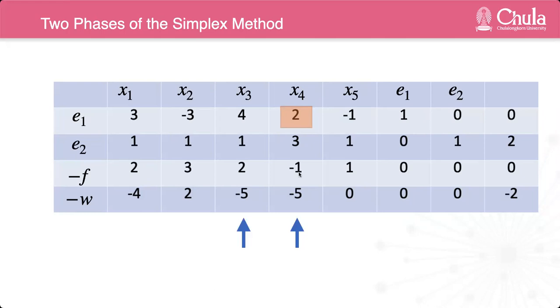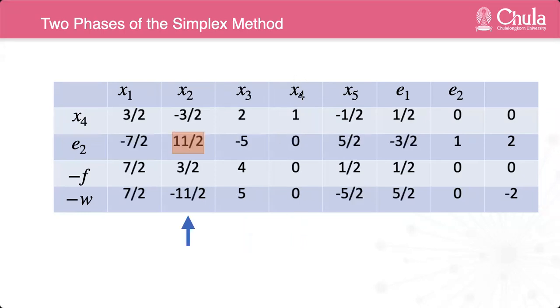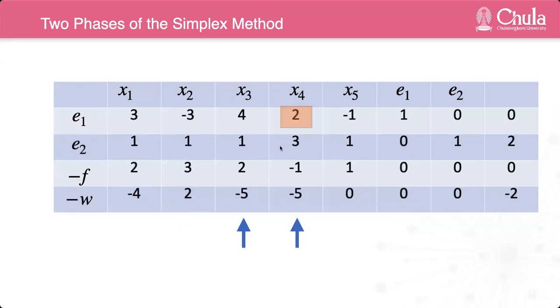We find the most negative column, and then we introduce x4 to be our basic variable. And what to remove? Again, we perform B over A, the same procedure.